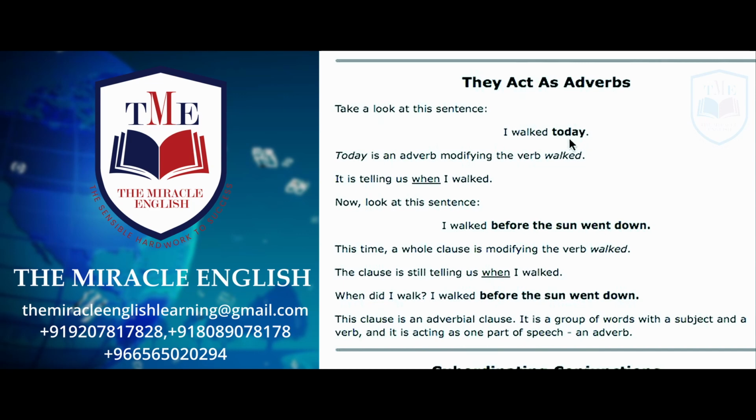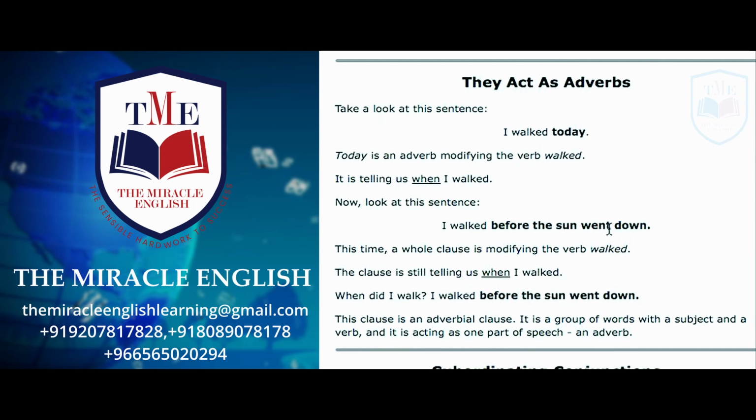Hold that in your mind and look down at this sentence. I walked before the sun went down. Now we have a bunch of words after I walked. It says before the sun went down. But all of those words are answering the same question. If I asked you, when did you walk? You would say, I walked before the sun went down.